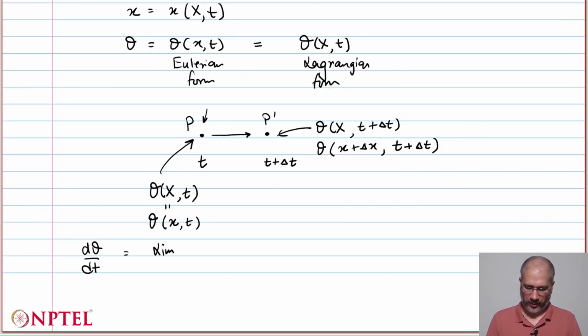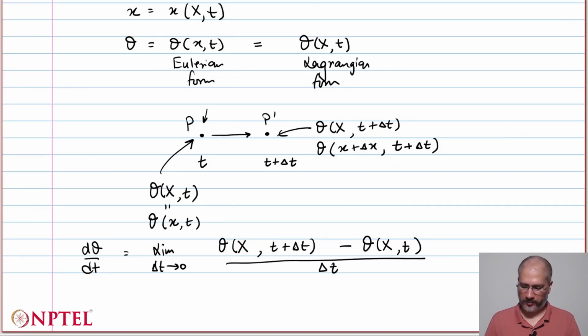So this derivative is the limit delta t tending to 0, temperature of some capital X, let's say this corresponds to the particle P, at a later time, minus the temperature of the same particle with a capital X at the earlier time, divided by delta t.